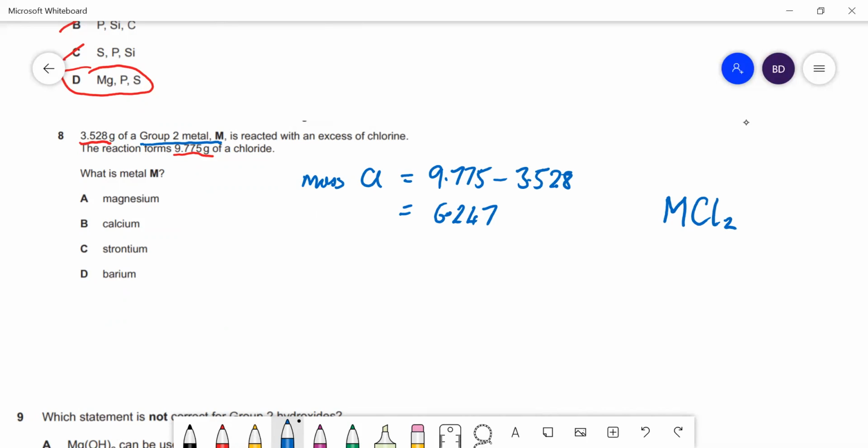Right, so we can work out now the moles of chlorine here. Then we halve it to get the moles of M. We know the mass of M, so we should be able to work out the atomic mass of M. So let's do that. The moles of chlorine is going to be equal to mass over AR, I should say. 35.5 for chlorine.